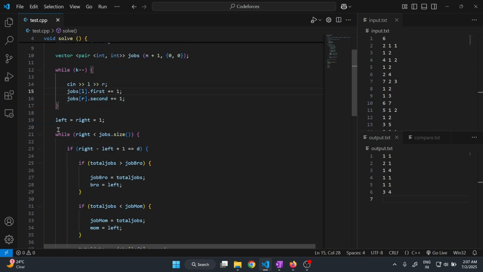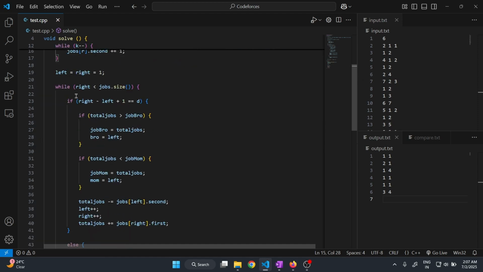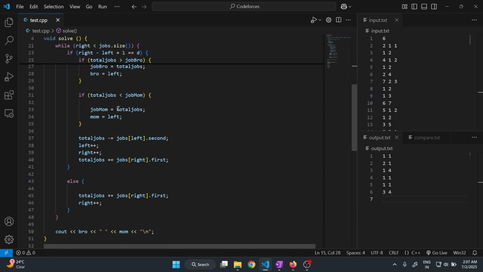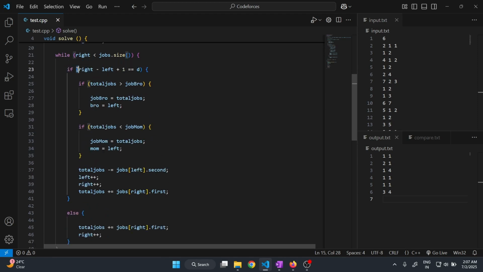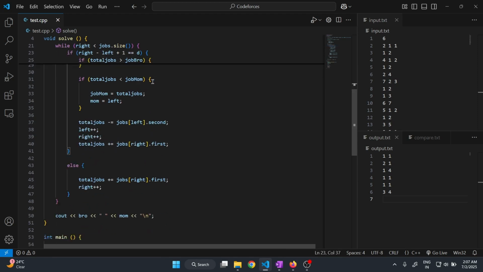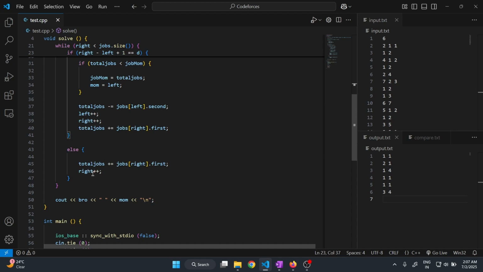Then I put two pointers left and right initially at day 1, and I'll slide the window through the vector once the right has not reached the end of the vector size or the end days. And if my window is not of size d, it is lesser than that, then I'll just add the number of jobs starting at the right index and I'll move the right pointer ahead.